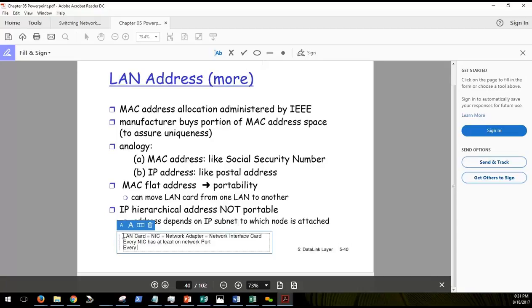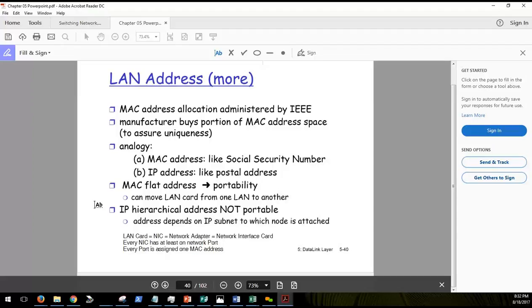LAN card equals NIC equals network adapter equals network interface card.